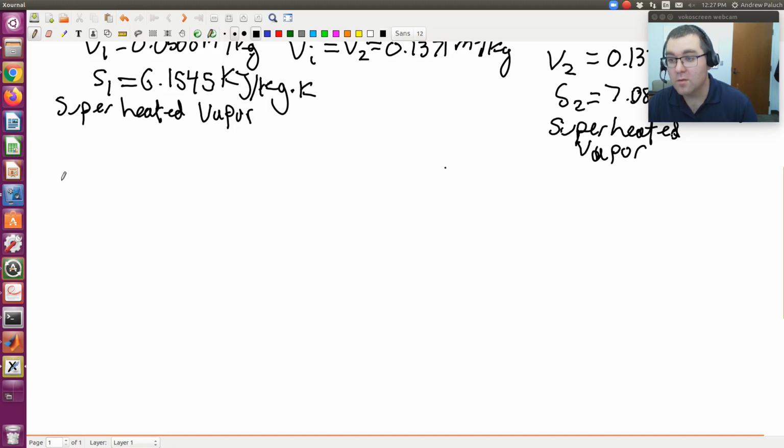So first, let's look at state 1 to our intermediate state. So this is an isobaric process.